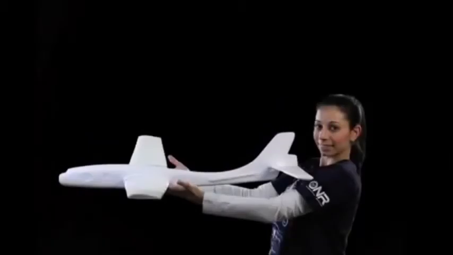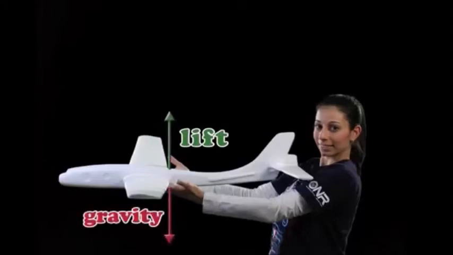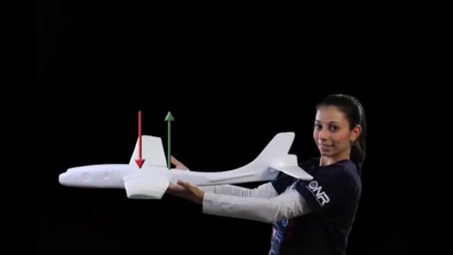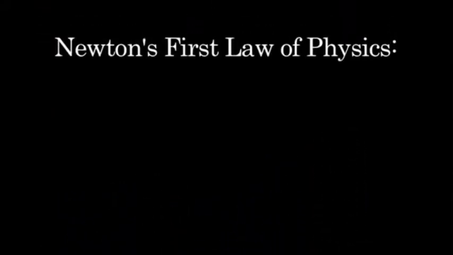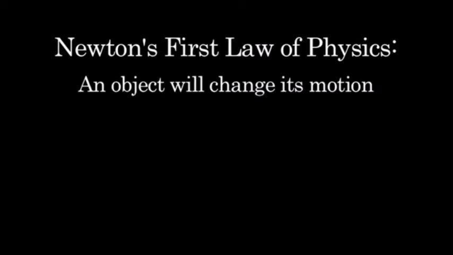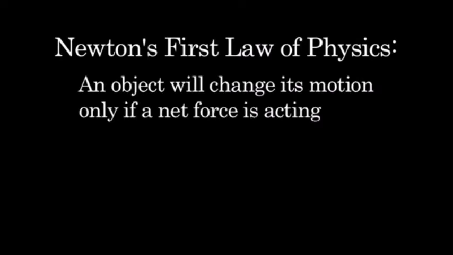As you can see here, Jess pushes up on the plane's wings, even though gravity is trying to pull the plane down. Right now, the amount of force she is using to keep the plane level is equal to gravity, and there is no movement. This is Newton's first law in action, which states that an object will change its motion only if a net force is acting on it.